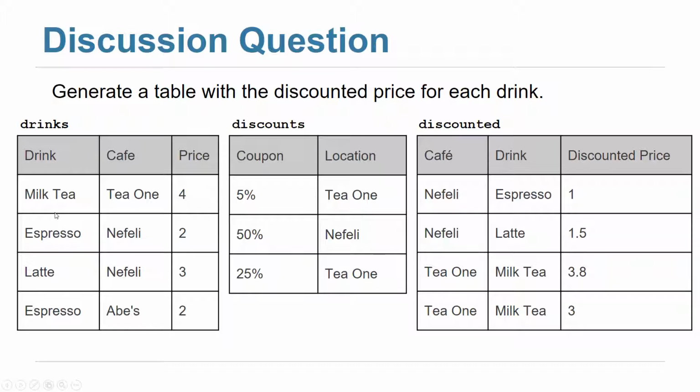We have the drinks and their original price, and we have another table that has, for some cafes, the discount that they offer. So we want to generate this. For each drink here, we want the discounted price, or at least for the drinks that have discounts. That's actually more accurate.